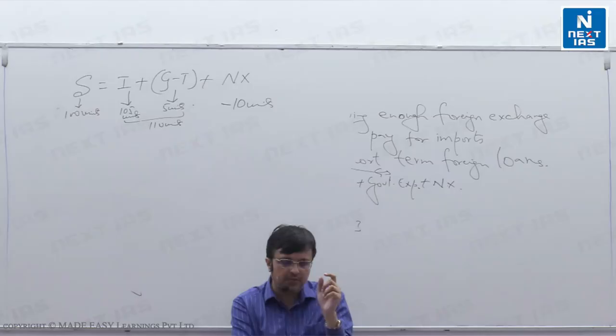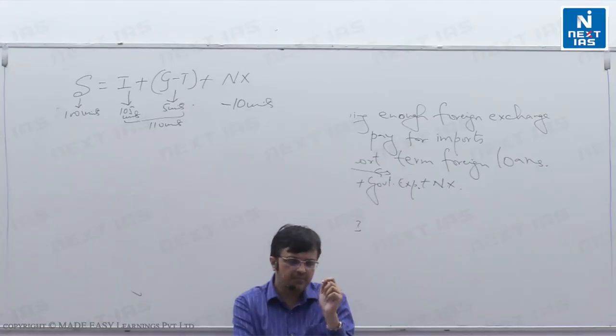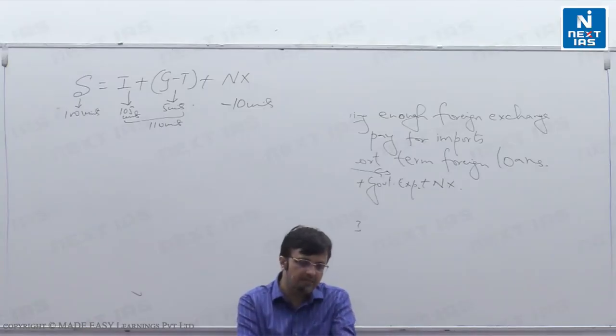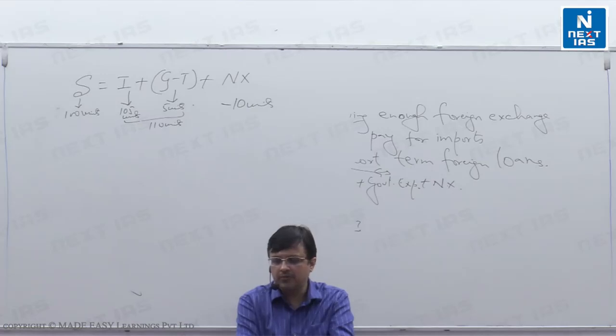Now what you do, you write below that: foreign exchange crisis in India was a reflection of poor economic structure, mainly represented by industrial backwardness.